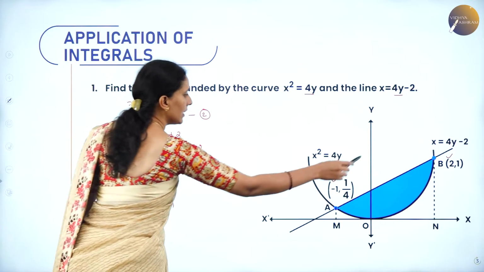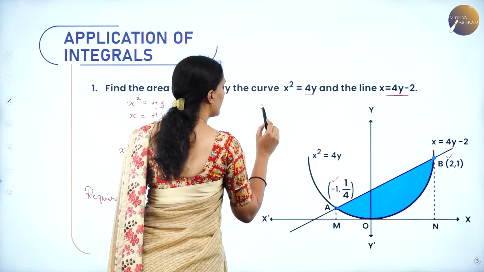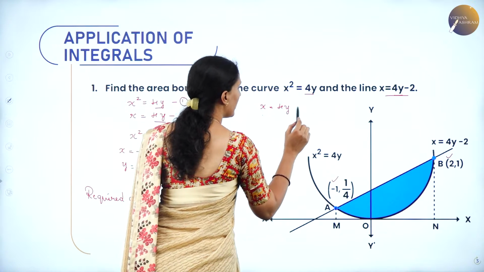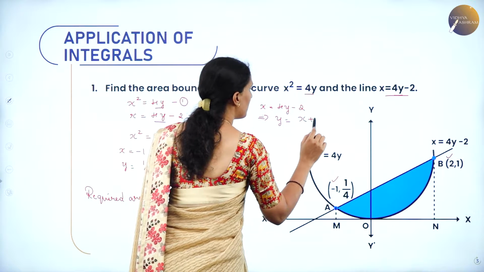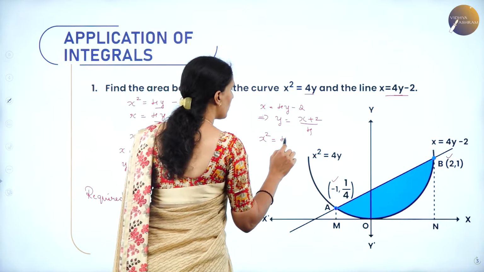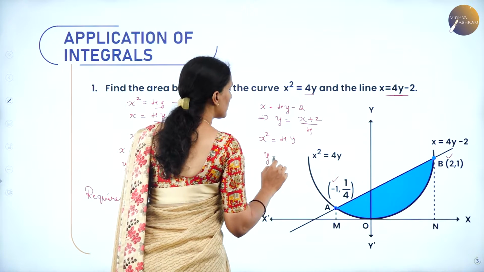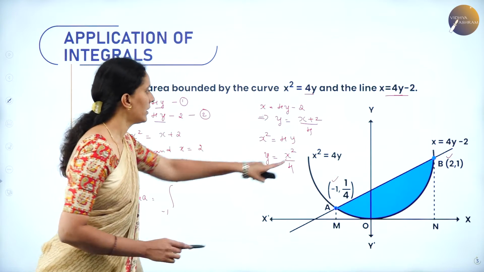So subtract the line. So here using two equation, we have x is equal to 4y minus 2. So this implies y is equal to x plus 2 by 4. And from this equation we have x square is equal to 4y. So therefore what is y? X square by 4. So I need to subtract these two.